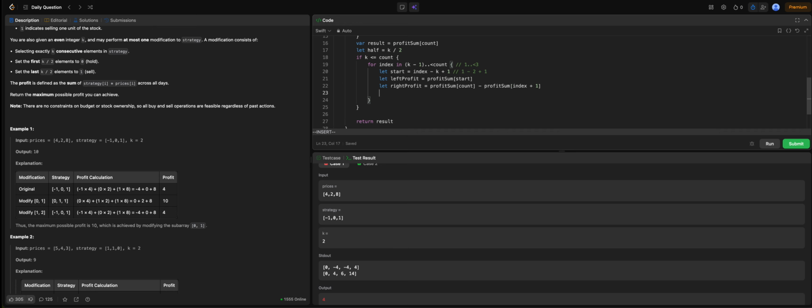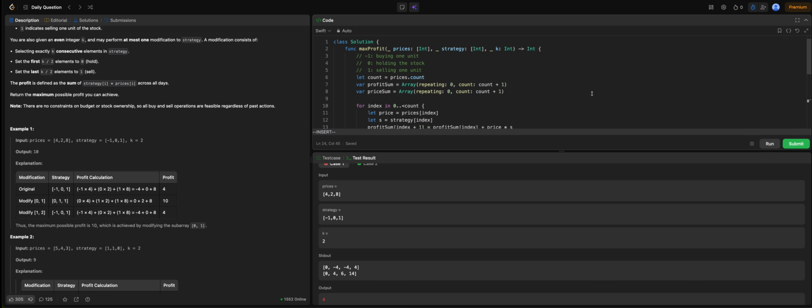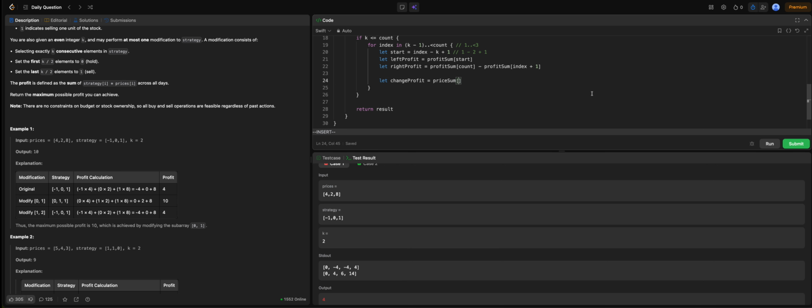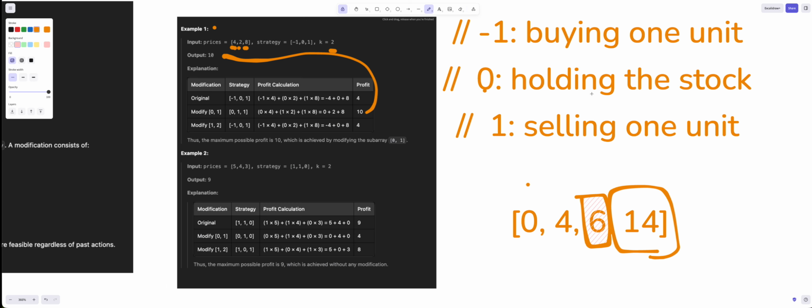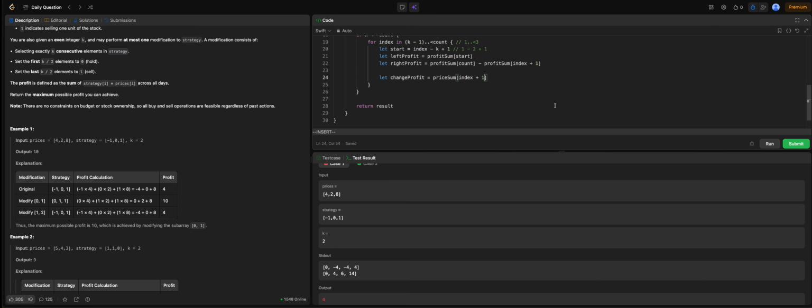And then the real game changer is what we want to calculate, the change profit. That will be the price sum of index plus 1, which is the next item, minus the price sum of index minus half.